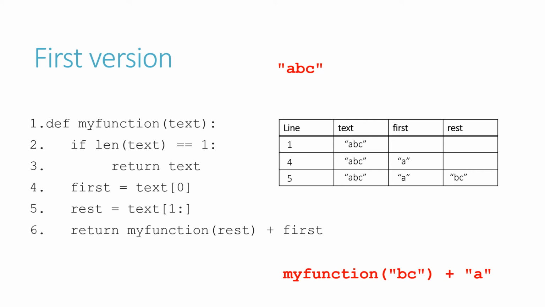What is returned is the result of my function called with BC plus A. We don't know what that is because we haven't run my function with the variables BC. So we've got to go on and call another version of the function within memory, and that opens now as the second version.